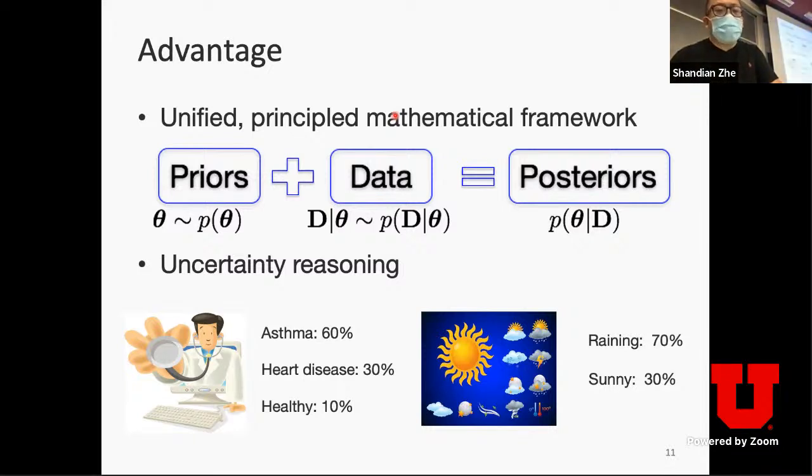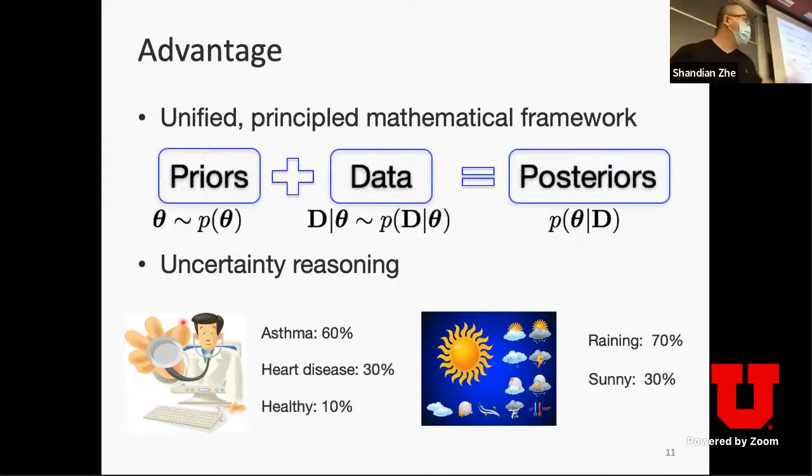But from another, more practical perspective, it provides a rigorous and convenient framework to quantify uncertainty. When we make predictions, we not only want to know the prediction results, we also want to know the confidence. Right? So we come to the doctor, right?